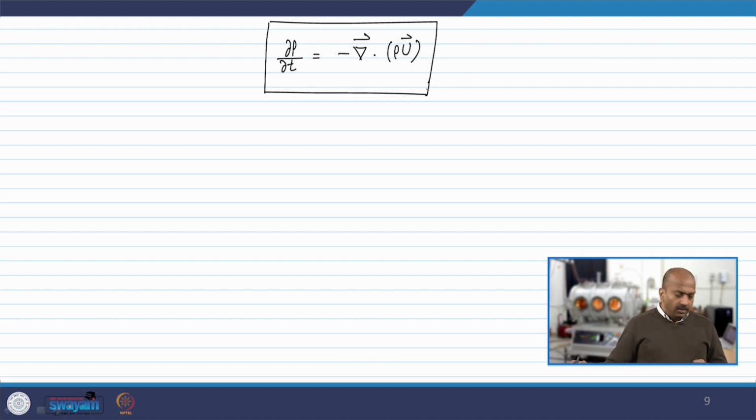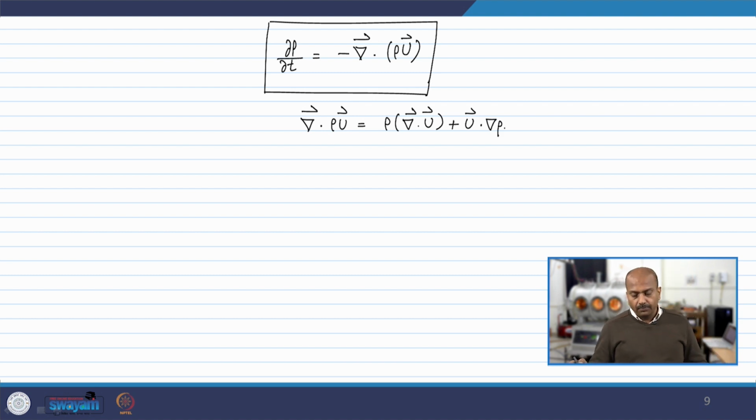We can slightly get a different form of this by using a vector identity. Let us say we can write del dot ρu is equals to ρ times del dot u plus u dot del ρ, because ρ is a scalar, right.